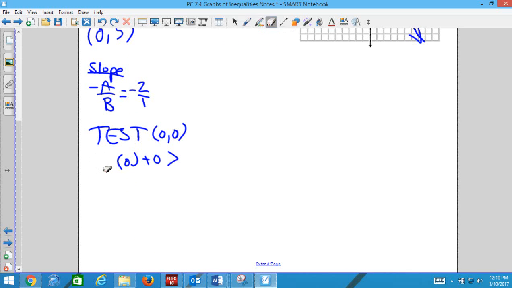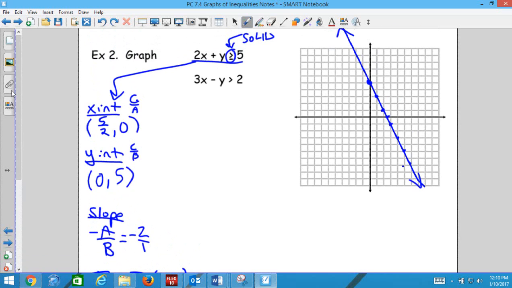It starts with a 2. So is 0 greater than or equal to 5? Is that true or false? And it's false. That means 0, 0 is not part of the answer. So when I go to shade it, I'm not going to shade 0, 0. I'm going to shade the other way. But I'm not coloring that in very dark yet.